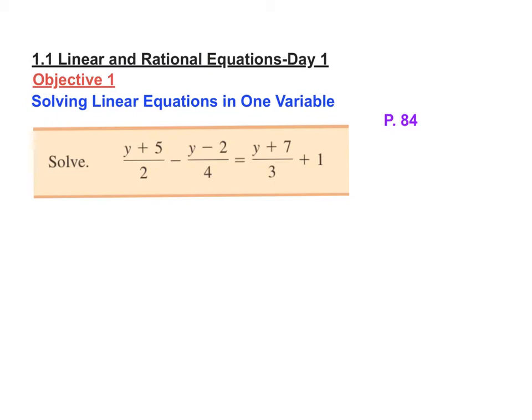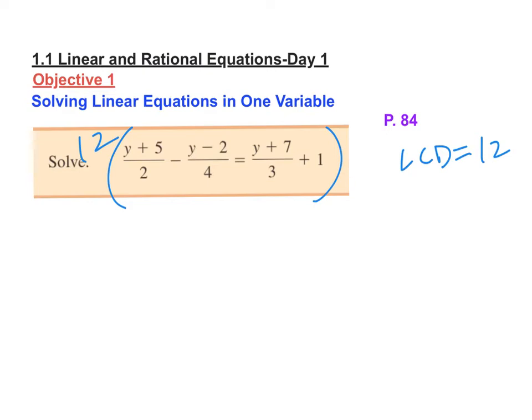Multiply by the common denominator, that is correct. In this case, what is the lowest common denominator? 12. Agree? 12. So now you're going to multiply every single thing by 12, the whole thing, and the fractions should go away.